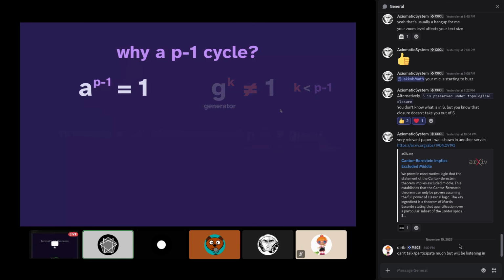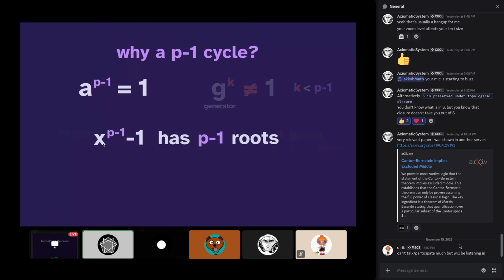So if we consider just this equation, that means that the polynomial x to the p minus 1 has p minus 1 roots, because any of the elements to the p minus 1 is 1. So this will evaluate to 1, and then the whole polynomial will evaluate to 0.